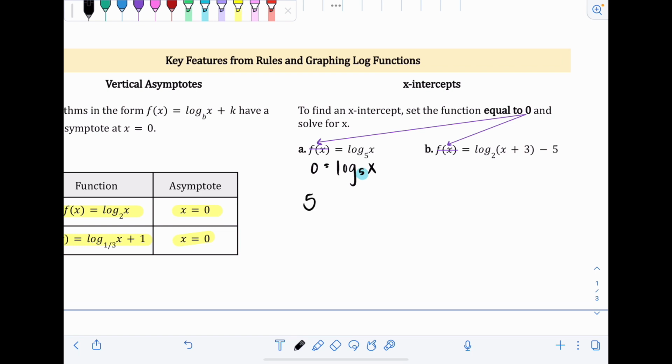So it'd be 5. And when it's in log form, logs isolate the exponent part from the exponential. So it'd be 5 to the 0 equals x. And anything to the 0 power, so 5 to the 0 would be 1, equals x. So my x-intercept would be at x equals 1, or at (1, 0).